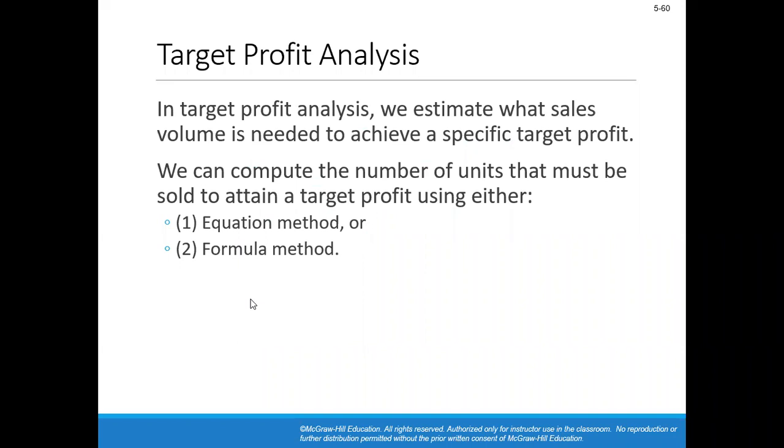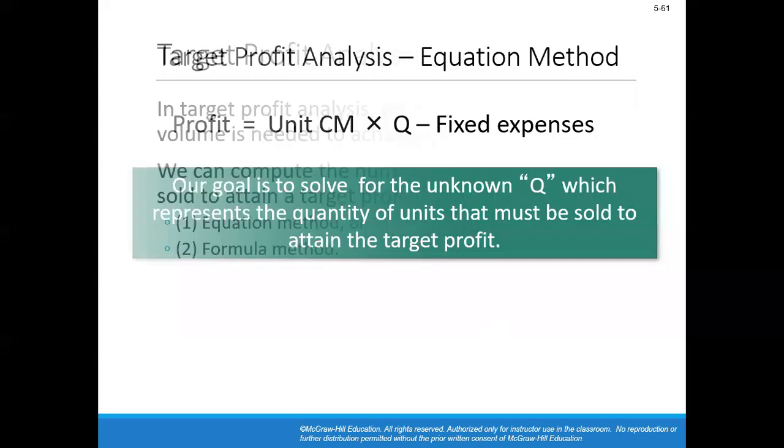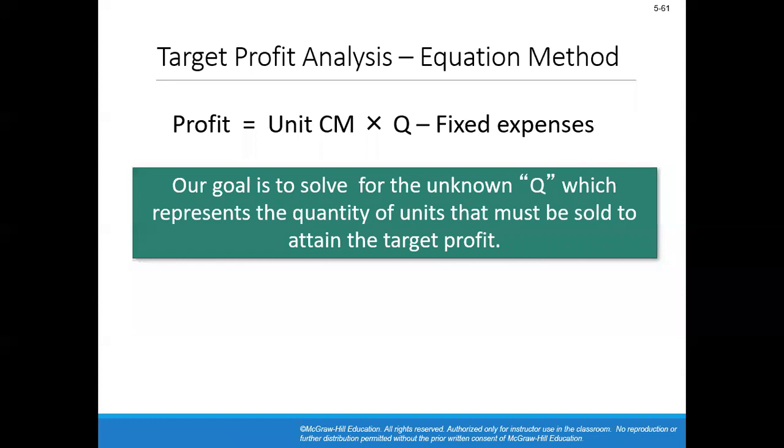We like to achieve the required level of sales quantity. So let's look at a problem, but before that, let's recall what we learned in the previous class.